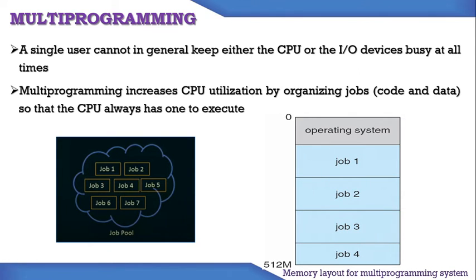So the CPU does not remain idle. Whenever a particular job does not want to use the CPU, the CPU can be utilized by another job. This is a very efficient way of executing, and that is what multi-programming is mainly about.